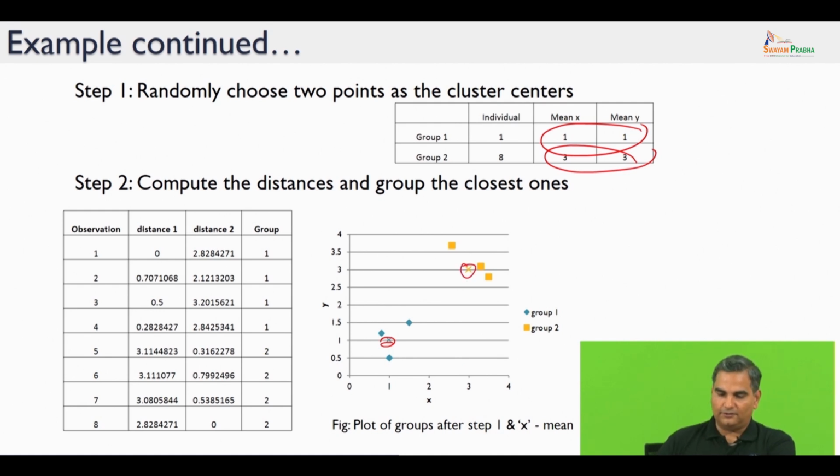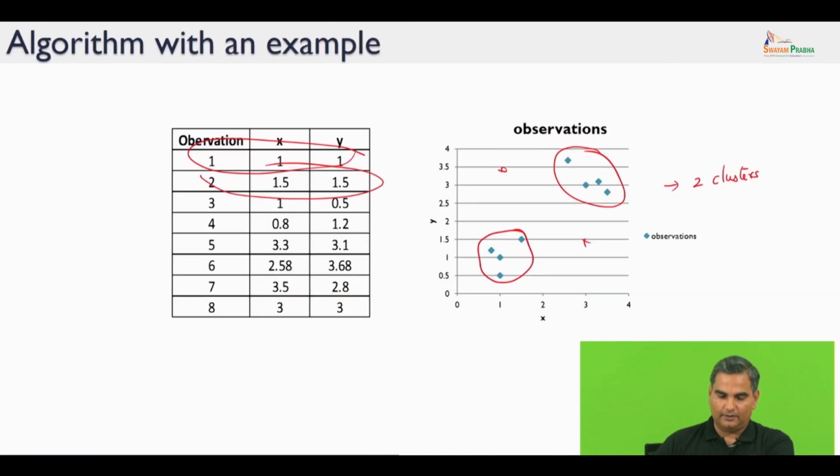The way we have chosen this, if you go back to the previous slide and look at it, the 2 cluster centers have been picked from the data itself. One group center was observation 1, the other group center was observation 8. Now you could do this, or like I mentioned before, you could pick a point which is not there in the data also, and we will see the impact of choosing these cluster centers later in this lecture.